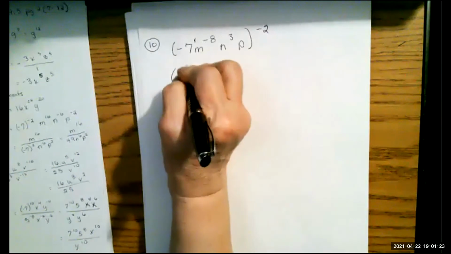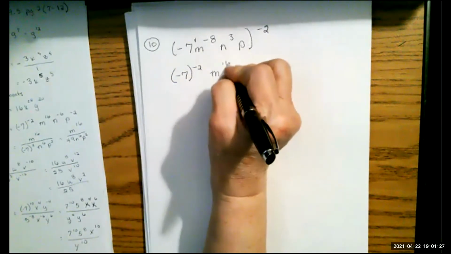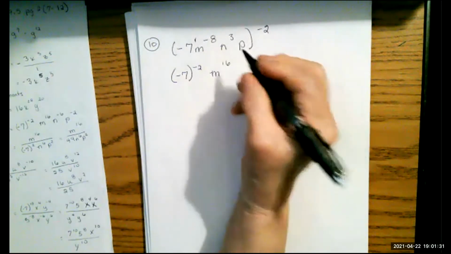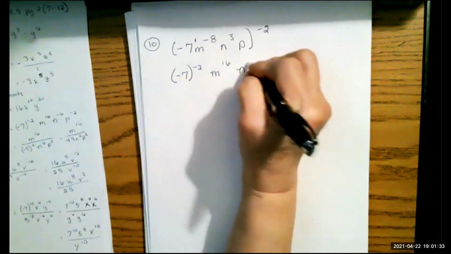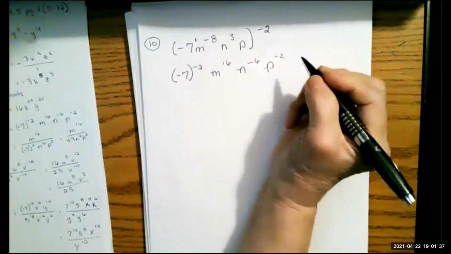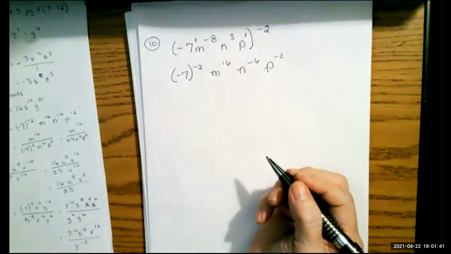So it's negative 7 to the negative 2, m to the positive 16 when I multiply the negative 2 and the negative 8, n to the negative 6, and p to the negative 2, because this is a 1 up there.